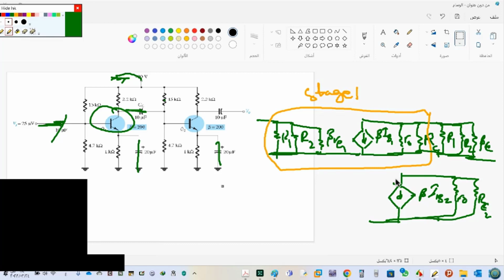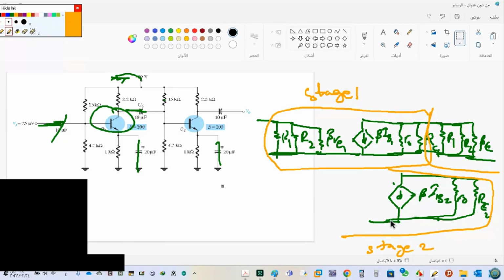We don't have a load. So this is transistor 2, or stage 2. So before the answer, in the exam, draw this one.